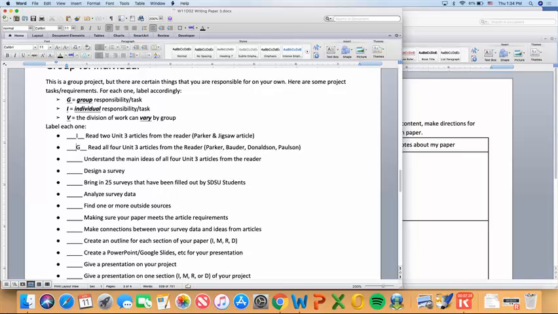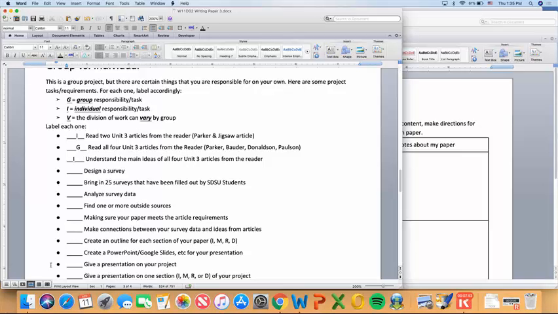So this shows some of the differences. You don't have to read every article. I recommend that you do that, but you don't have to. Understand the main ideas for all 4 Unit 3 articles from the reader. Individual, yes. Everyone is required to know that. We did an activity where you were able to do that.